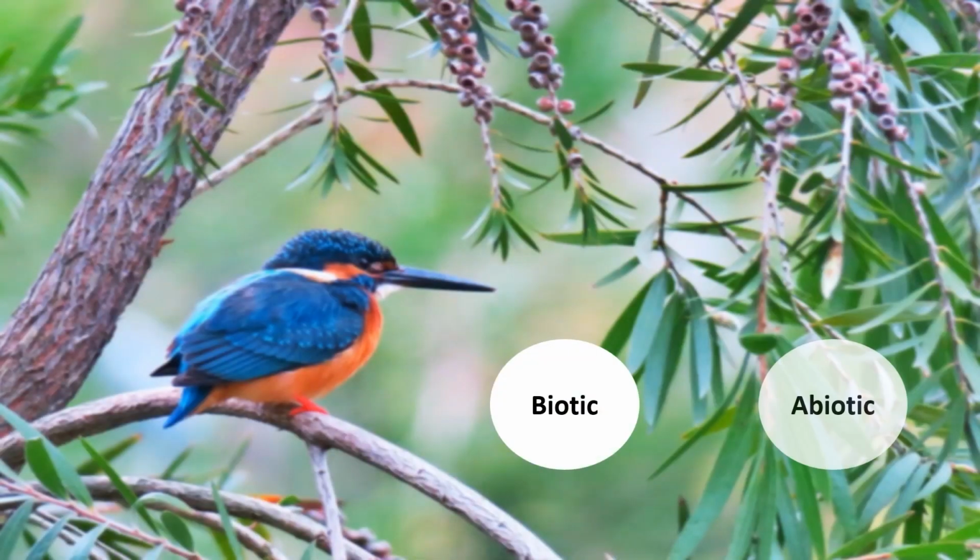The abiotic factors constituting the physical environment such as soil, water, air, light, etc. make conditions suitable for life to exist. So there exists a relationship between the biotic and the abiotic factors in the environment.